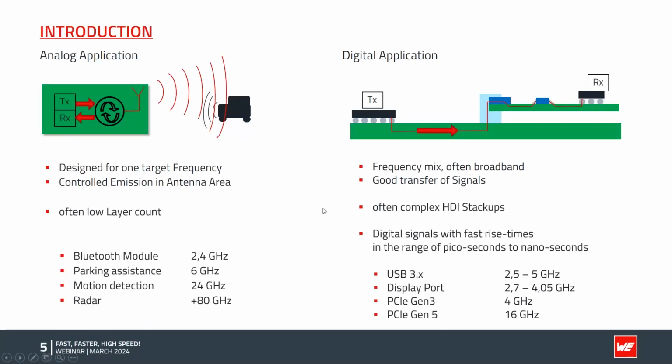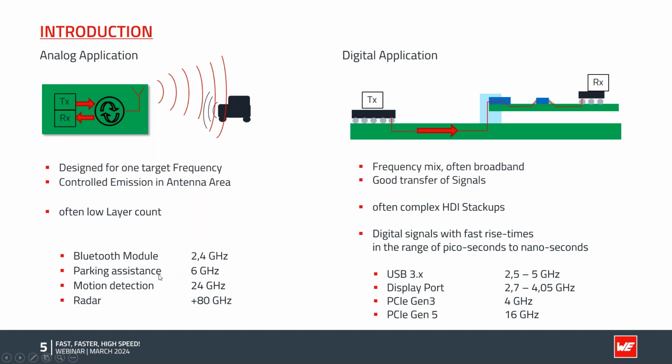If we break it down more, often the analog areas have a low layer count, so sometimes a single or double-sided board is enough for an antenna. If I combine the antenna with some digital parts, it gets more complex. The frequencies cover a very wide range. Bluetooth is typically at 2.4 gigahertz.